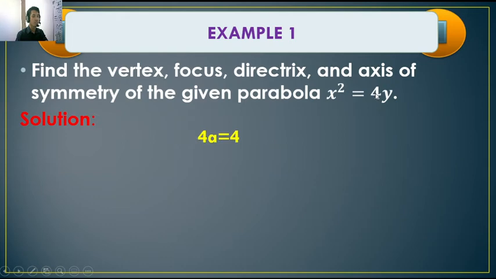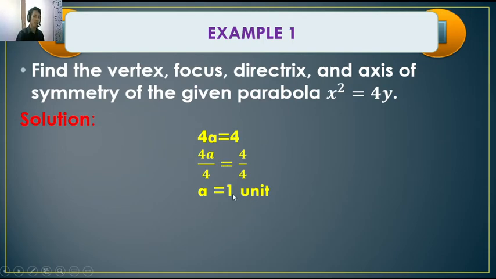So let us see. Again, to determine the value of a, we're going to use 4a = 4, and that is the numerical coefficient of y, and then divide by 4 to get the value of a. a is now equal to 1 unit.